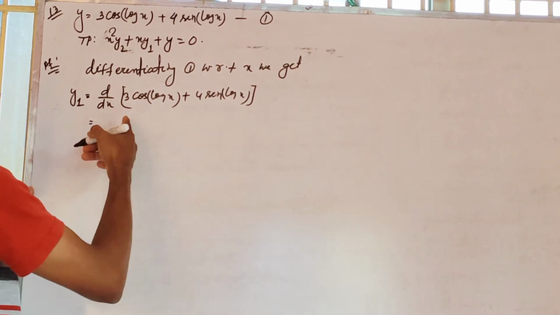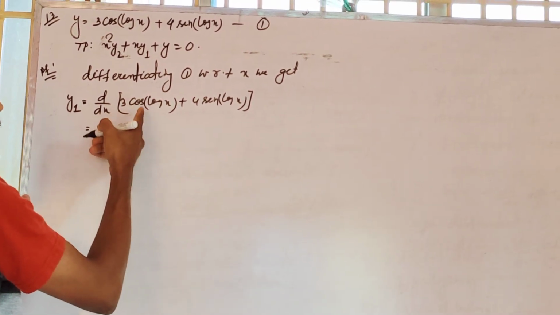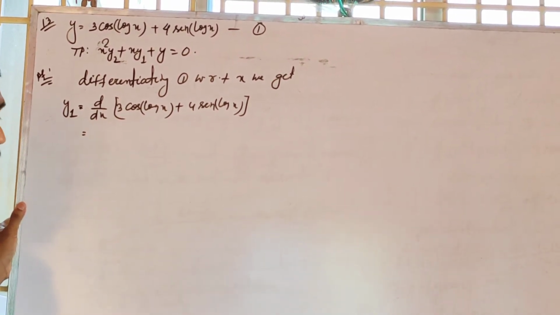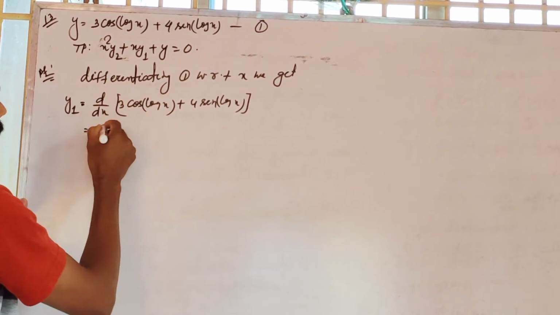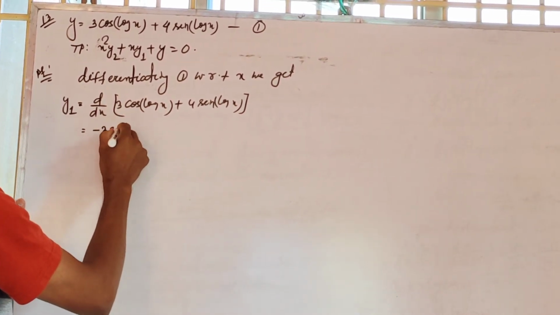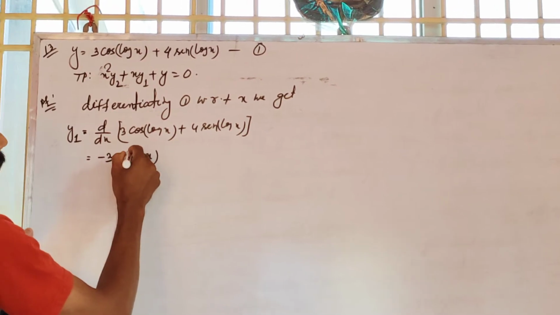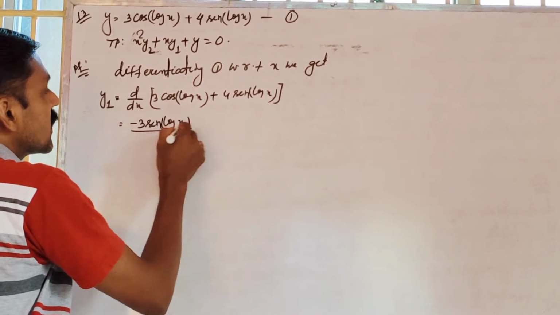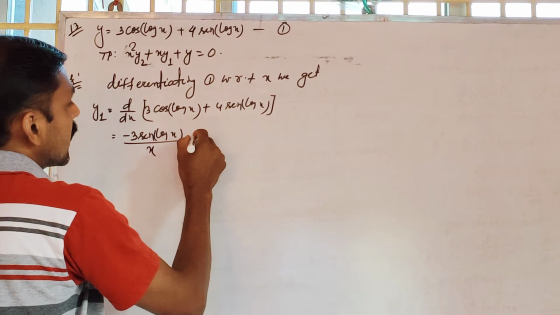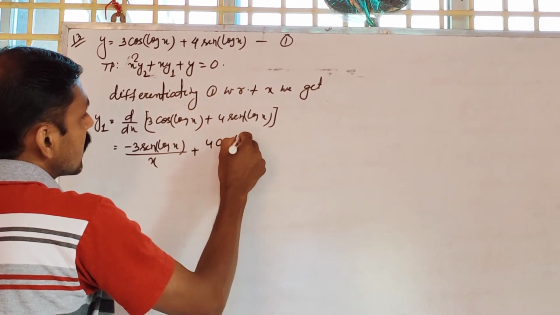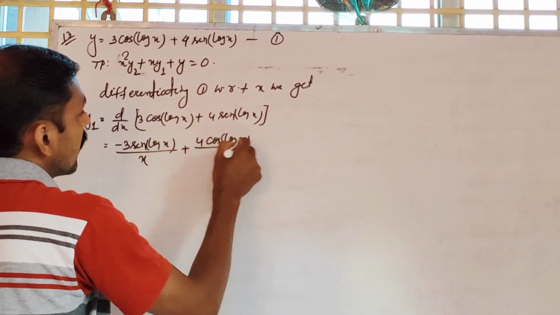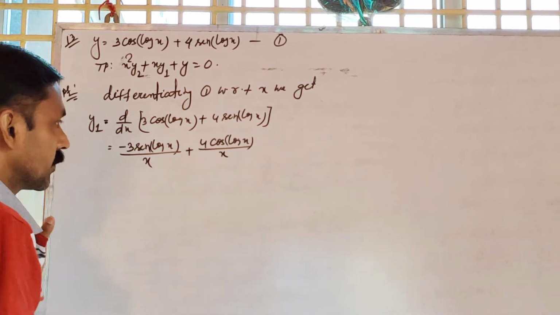This is equal to, using the chain rule, the derivative of cos log x is minus sin log x, so minus 3 sin log x into derivative of log x, which is 1 by x. Similarly it is 4 cos log x, whole divided by x.